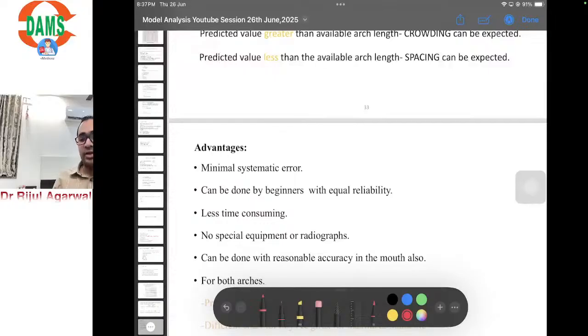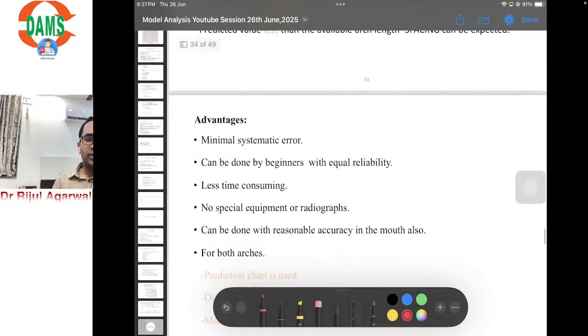As I said, that's why Moyers was most commonly used. You just measure the sum of incisors, use the probability chart, and compare it with the width of CDE: less space means crowding, more space means spacing. So what were the advantages? There is no systematic error or it is minimal, you just need to use your finger on the probability chart.